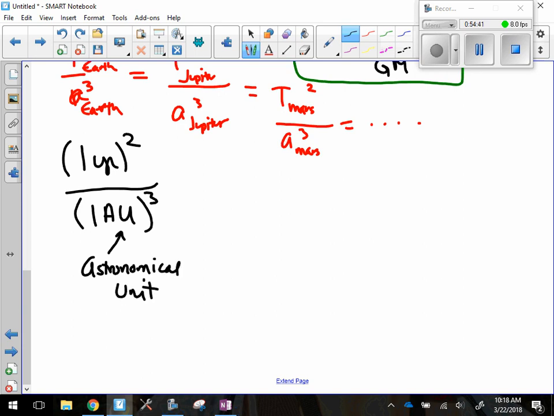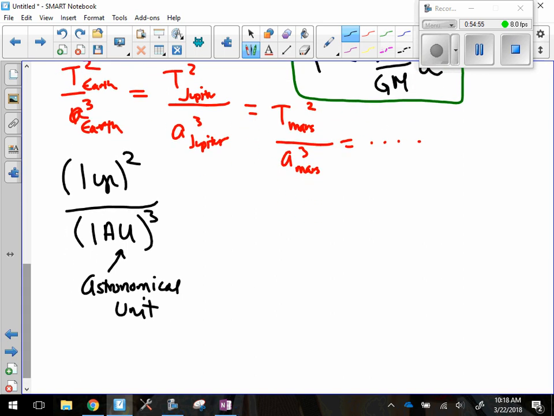And it's something like 1.5 times 10 to the 8th meters, maybe? That can't be right. It might be 1.5 times 10 to the 11th meters. That could be right. That sounds better. Okay. But the bottom line is, what's 1 squared divided by 1 cubed?